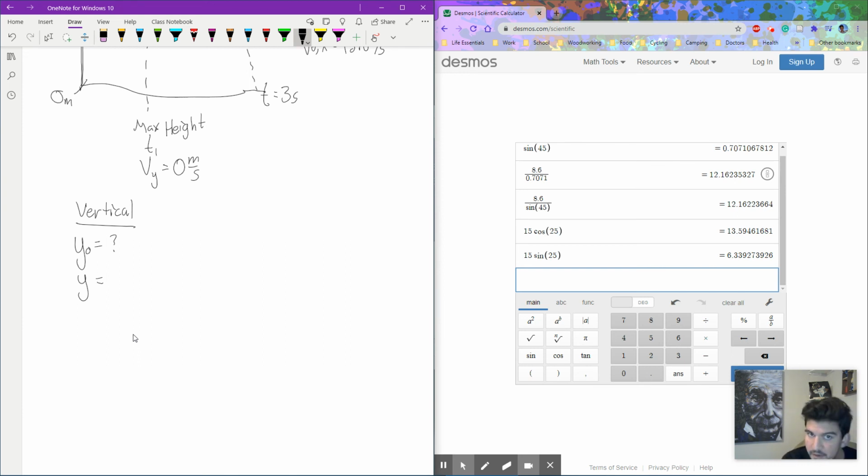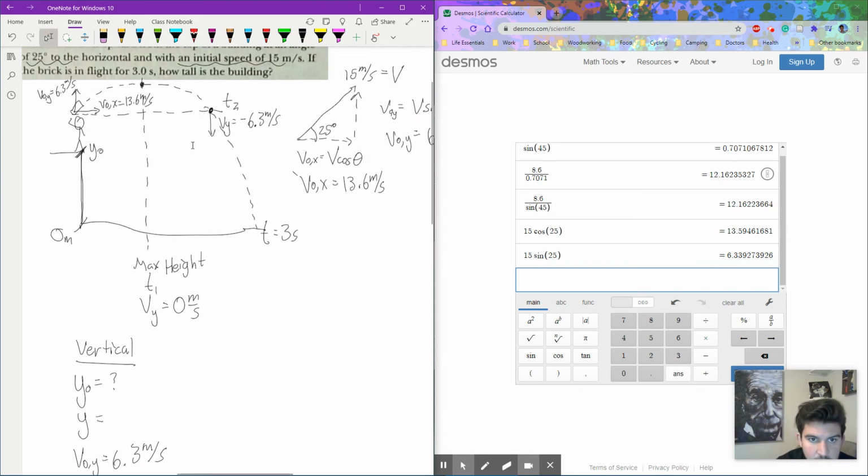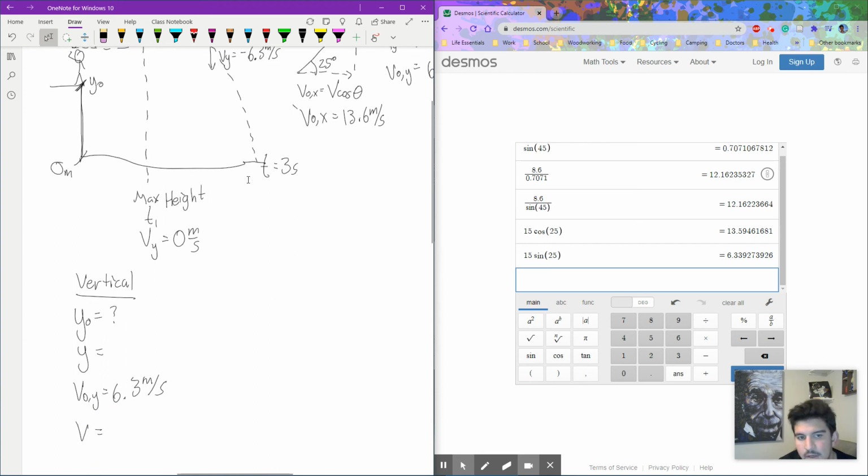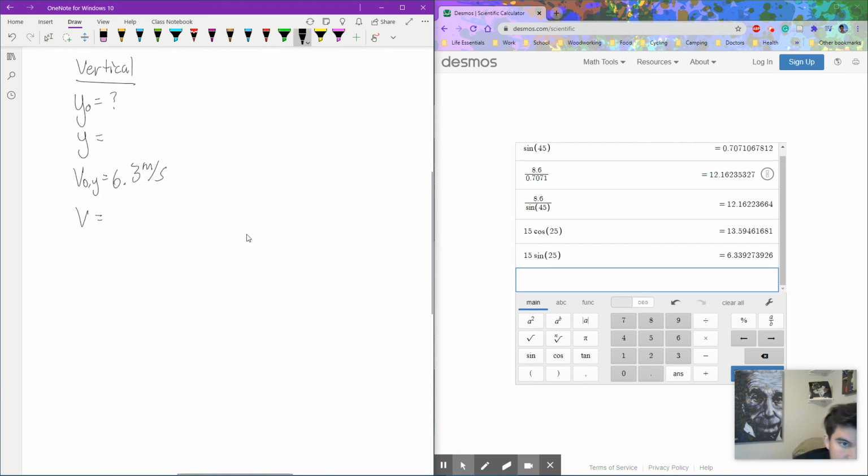We don't know the final position because there are a few different places that are interesting. We do know the initial vertical velocity, that's 6.3 meters per second. We know the final velocity at the max height, and we know the velocity when it's at the same height further down over here at T2, but we don't know what the final velocity is. We do know that the acceleration stays the same throughout, as a result of the acceleration due to gravity, and the problem doesn't tell us anything about time.